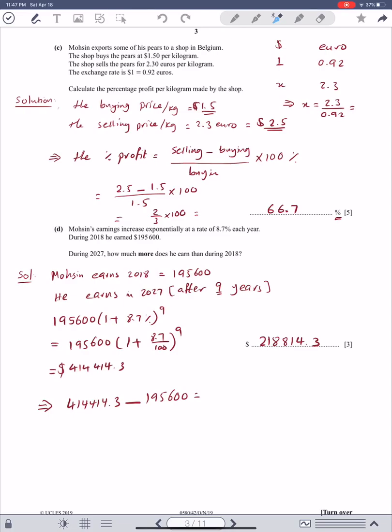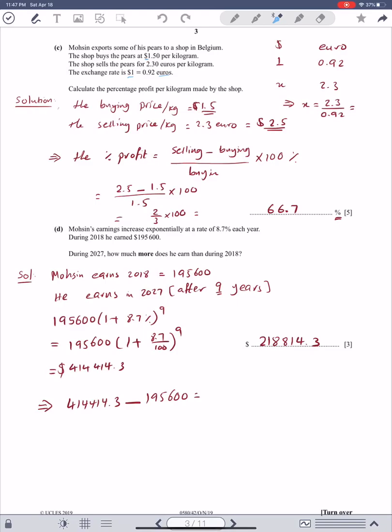Calculate the percentage profit per kilogram made by the shop. Straightforward question, but we have to make sure that this is dollars, this is euros. So you give me the rate here to convert, to exchange between the units. You are free to convert everything in euros or in dollars. I choose to do it in dollars.